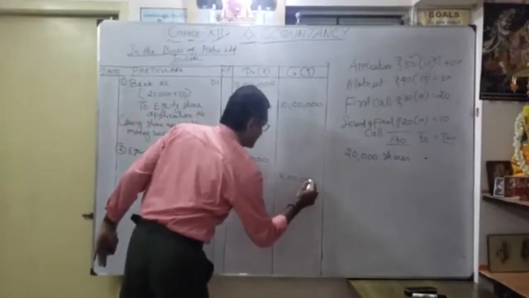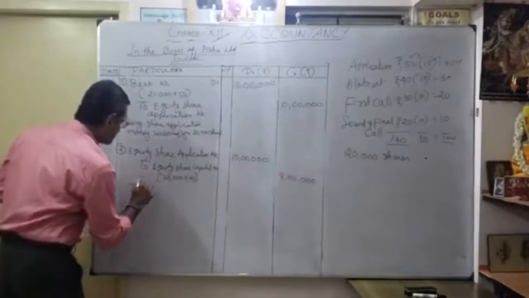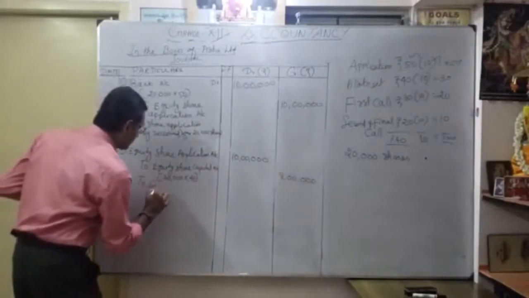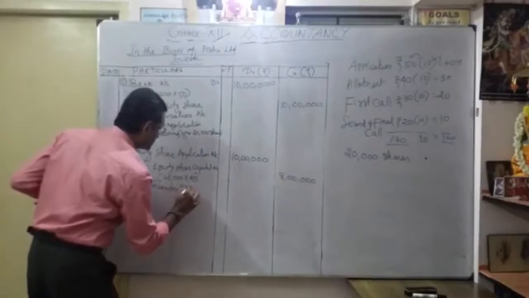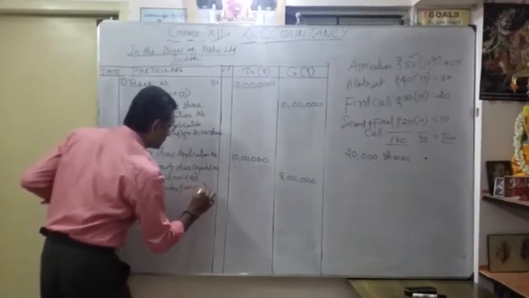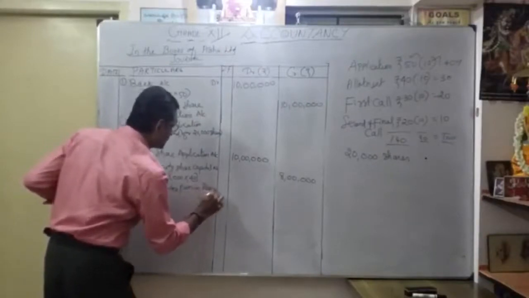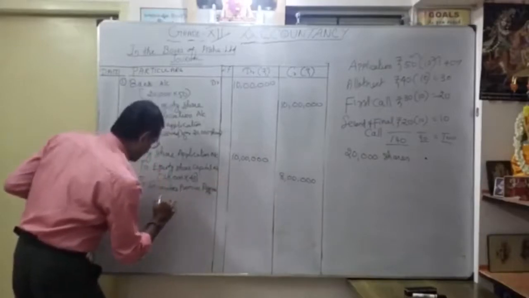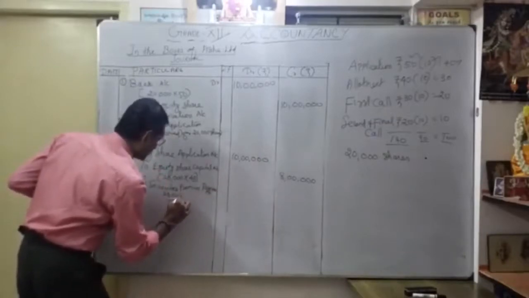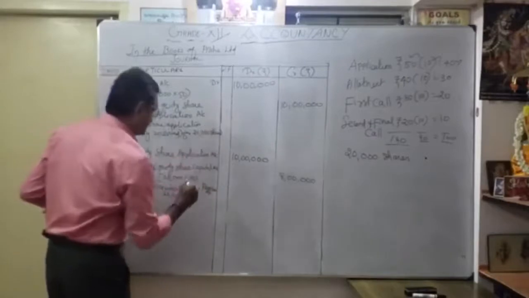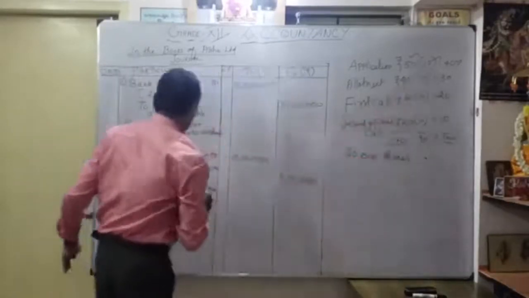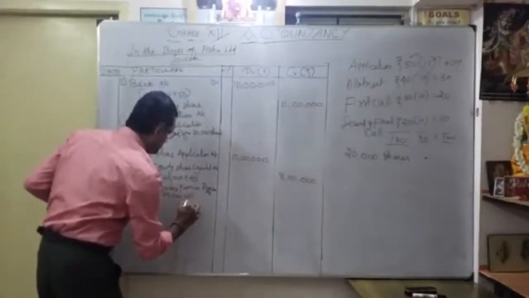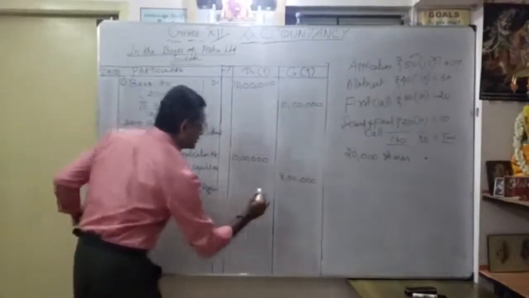Thereafter, to securities premium reserve account. Again, 20,000 into how much? 10 rupees. Correct? So, within the bracket, 20,000 into 10, 2 lakhs.